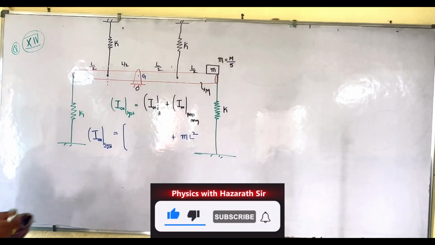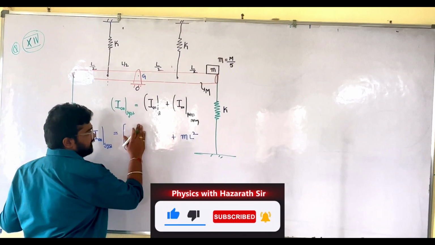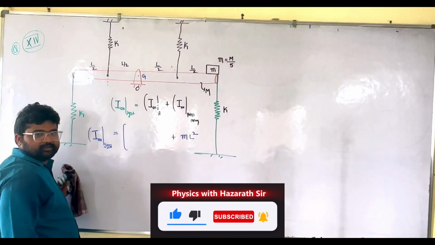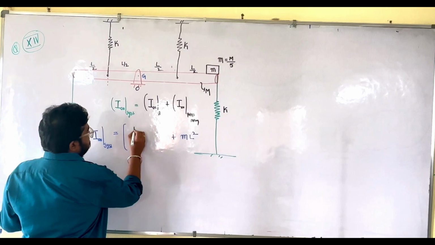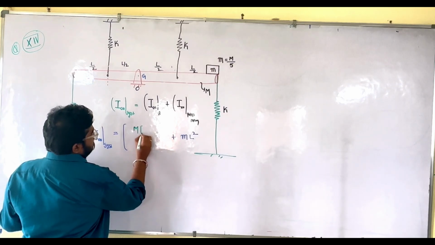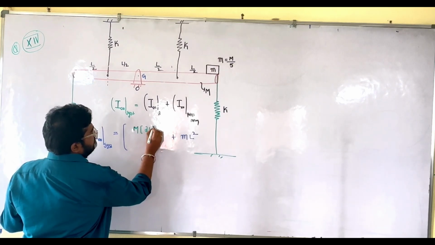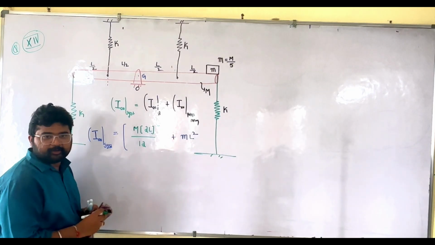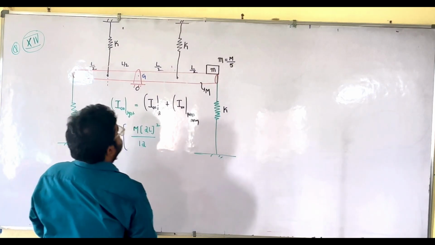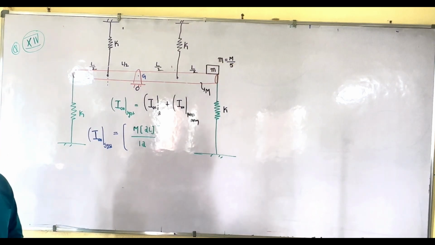Okay, here what you have written here, that is discrete. m into 2l whole square by 12. Understood? Mass moment of inertia of the rod about center of gravity.